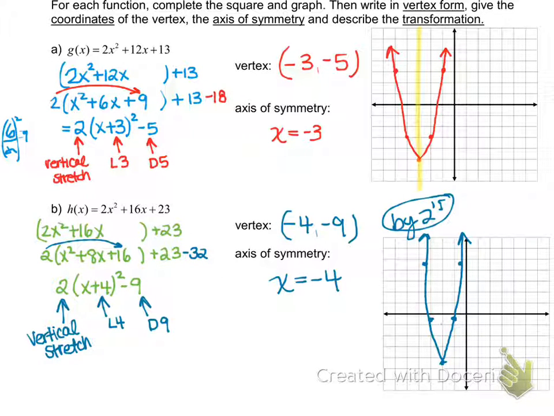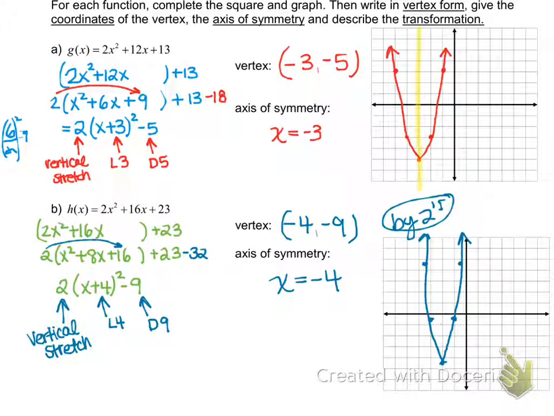So what I want you to do right now is on that second page, you're doing the same exact thing. You have letters A through F. I want you to do exactly what we did here. If you don't have to complete the square, you can just start with the vertex and axis of symmetry, plot the vertex, and then put it in your calculator and plot those points. But you're also going to have to complete the square.